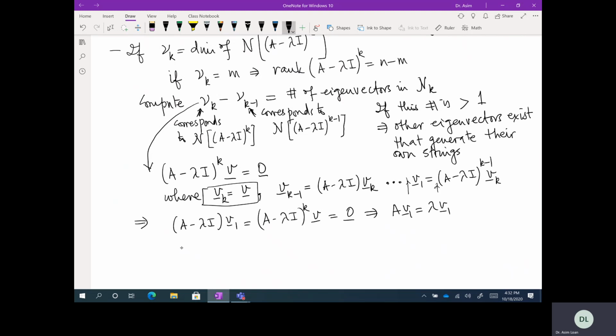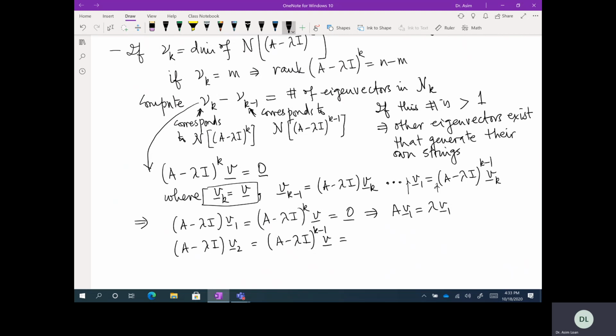Okay, and if I do (A minus lambda I) v2, this would be equal to (A minus lambda I) into (A minus lambda I)^(k minus 1) v, which is equal to what?